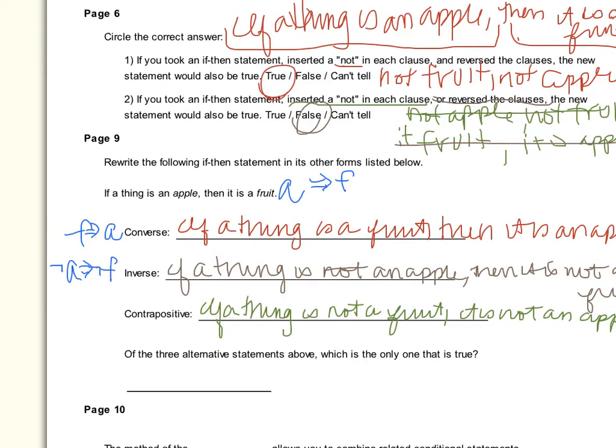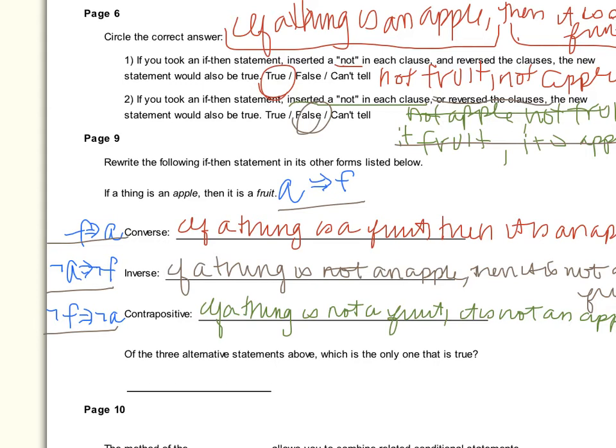And the contrapositive says if it's not a fruit, that implies that it is not an apple. So this is the shorthand, or this is the notation that we can use for logic statements. These notations are going to come in very handy because they are going to be on your quiz that you're going to take.